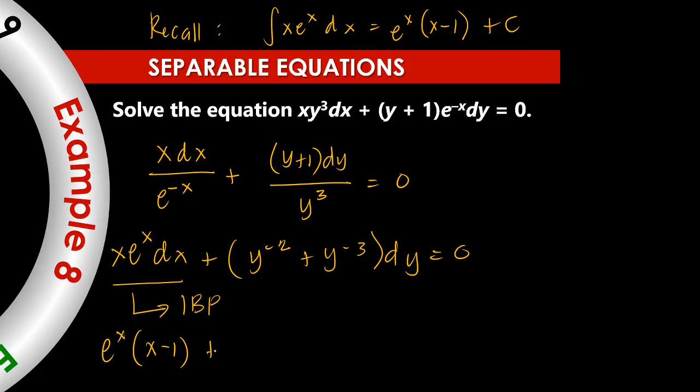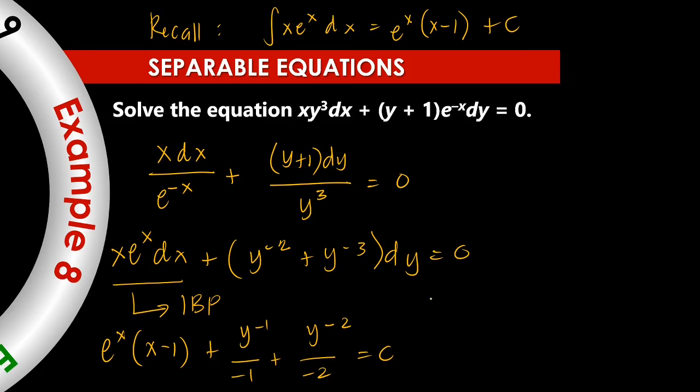Plus, if I integrate this y to the negative 2, the answer will be y to the negative 1 over negative 1, and then plus y to the negative 2 over negative 2 equals c. Now, let us simplify this by writing the terms involving y on the right-hand side.